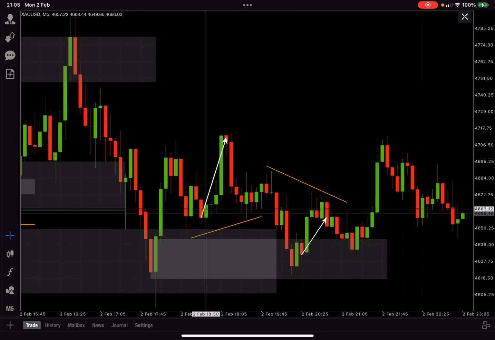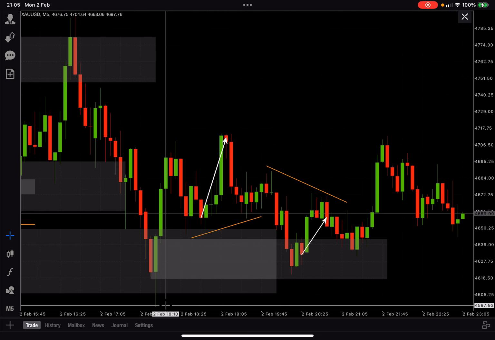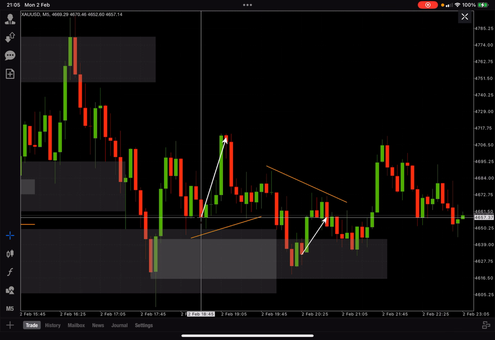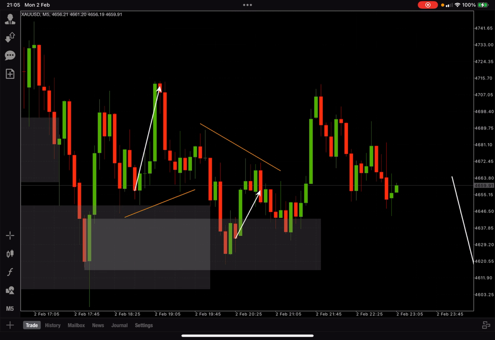If you was entering here on the 15-minute time frame, it's the same thing, stop loss at the low, and you'd stop loss at the low here. Your entry would be around here, and if you want to neaten it even more to get the best risk to reward, you would then focus on the retest price action, like here.